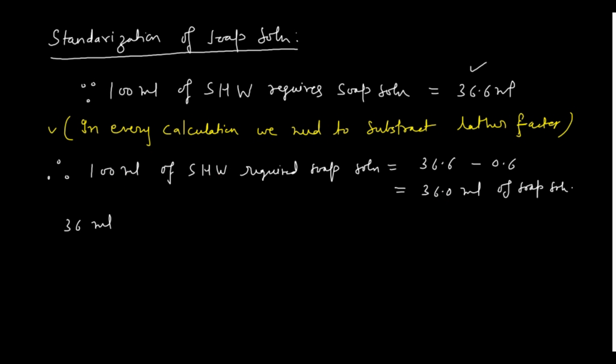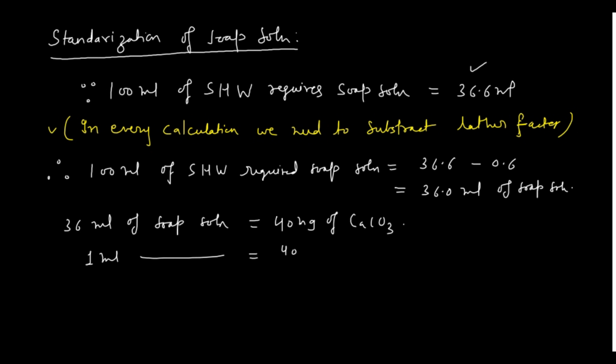So basically this 36 ml of soap solution is equivalent to how much? 40 milligram of CaCO3, right? And if you apply the unitary method, 1 ml of the soap solution will require how much? 40 by 36 milligram of CaCO3, right?